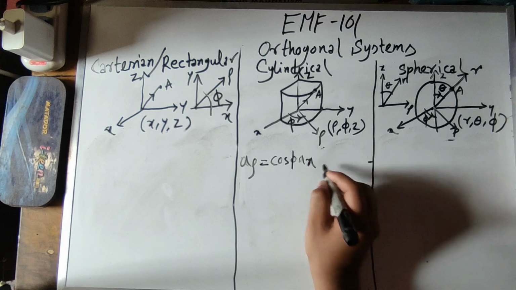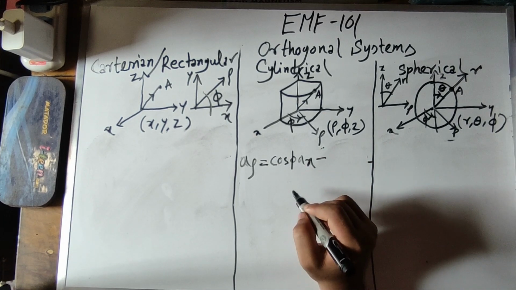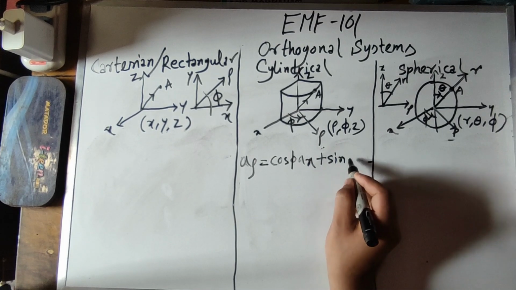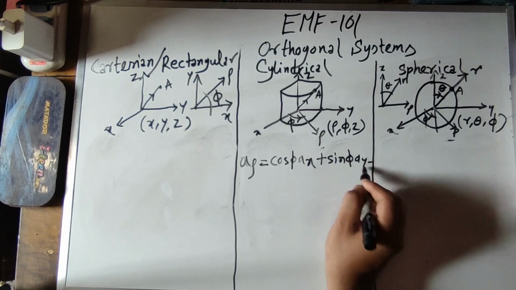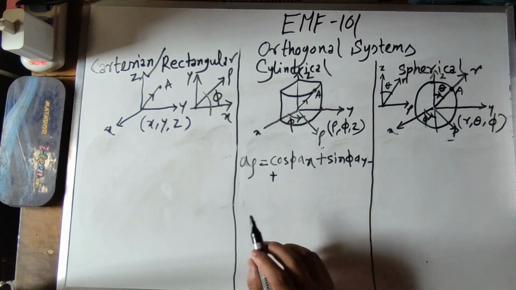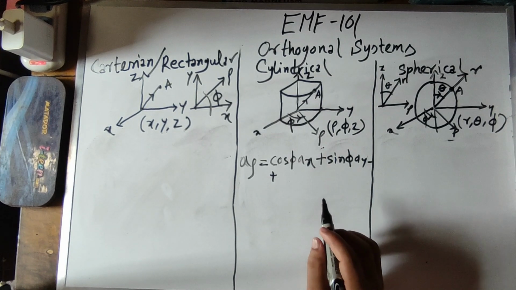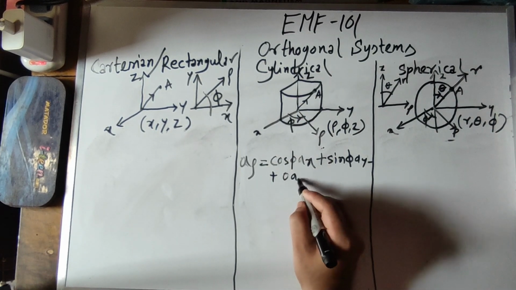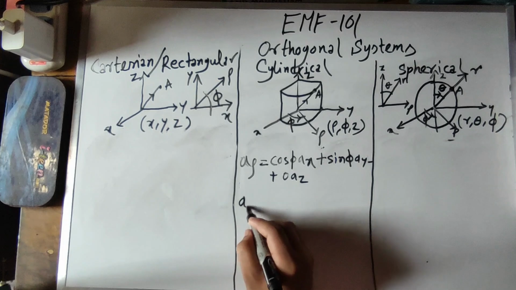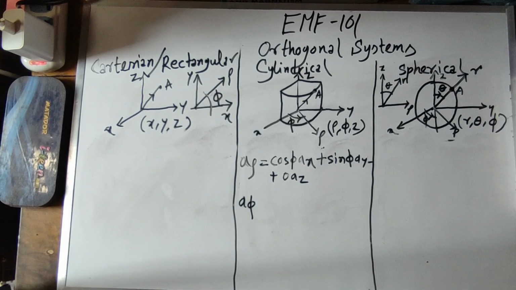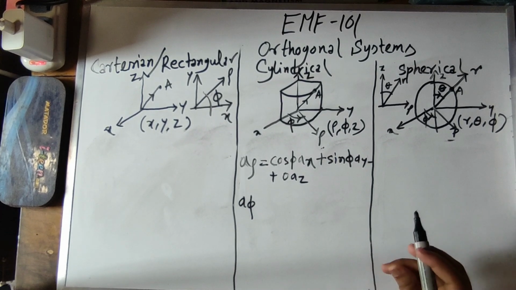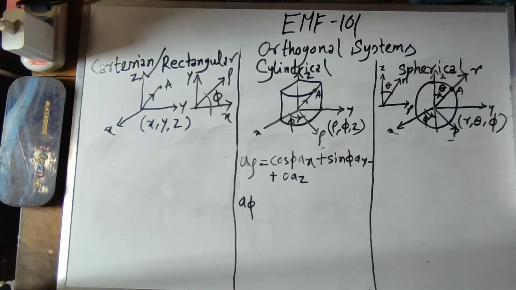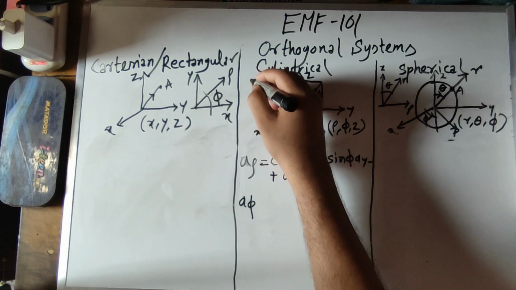Now in the y direction it has a sine component, sin phi ay, plus it doesn't have any component on the z axis because rho and z are perpendicular to each other, so 0 az. Now for a phi, to know about a phi we have to draw another diagram. Let me draw another diagram.